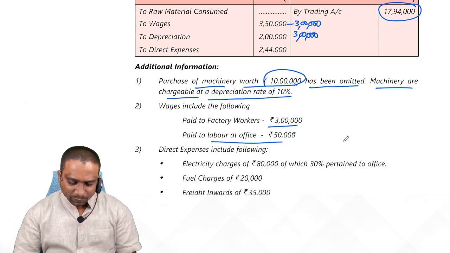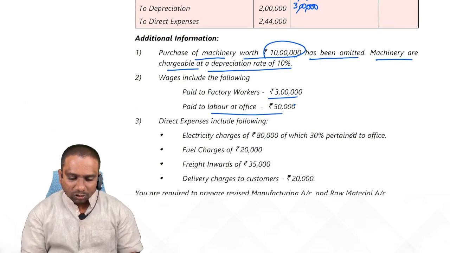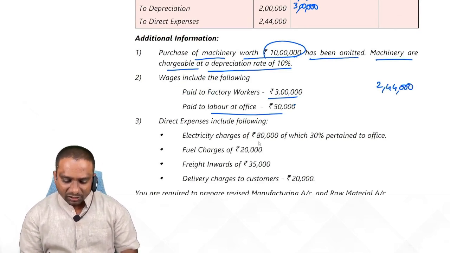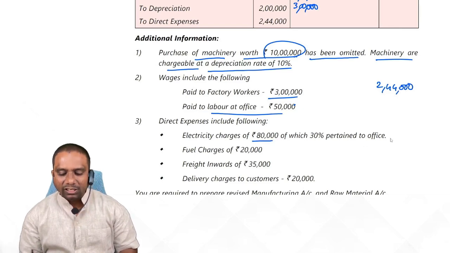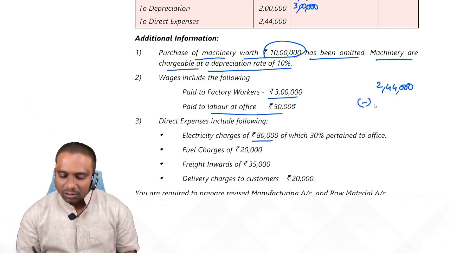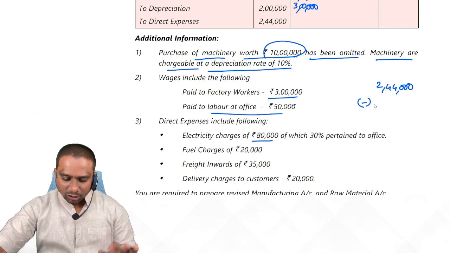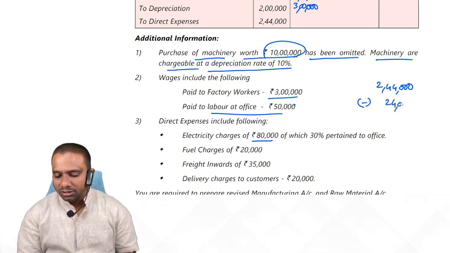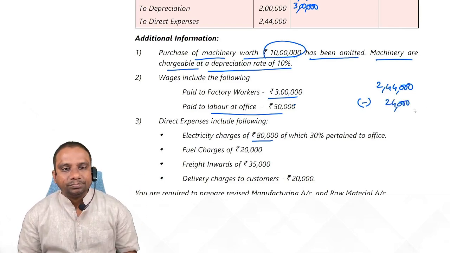Next one, direct expenses include the following. So the total 2 lakh 44,000 includes what? Electricity charges 80,000, of which 30% pertains to the office. Out of 2 lakh 44,000, how much amount do we deduct? 80,000 into 30%, because 24,000 rupees relating to the office is deducted.